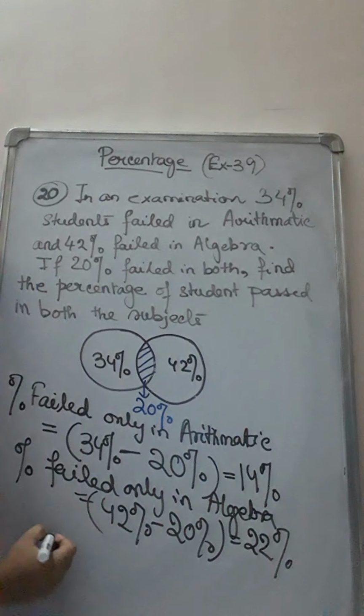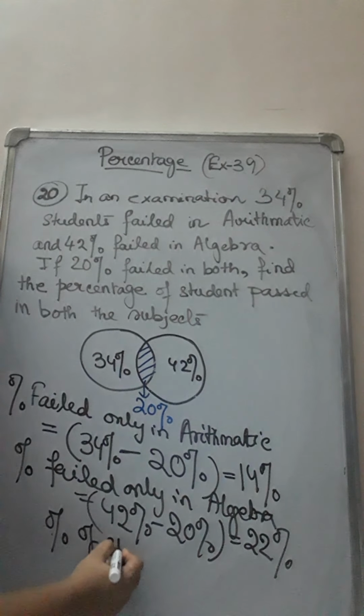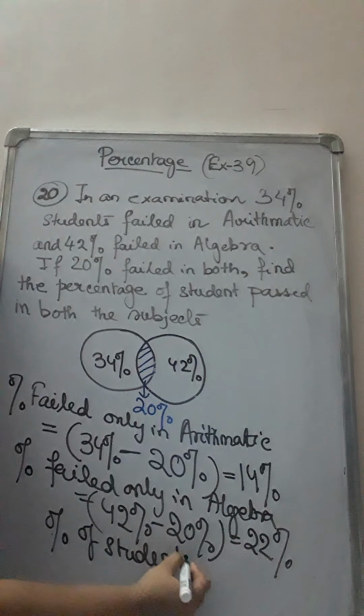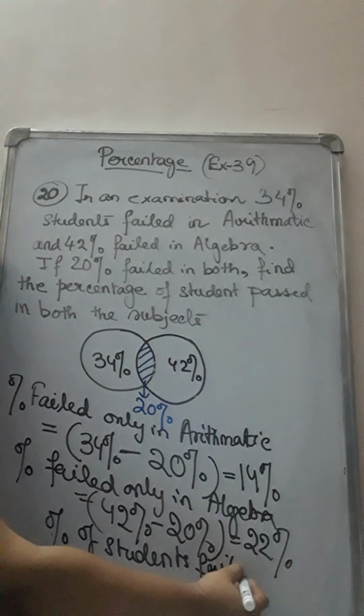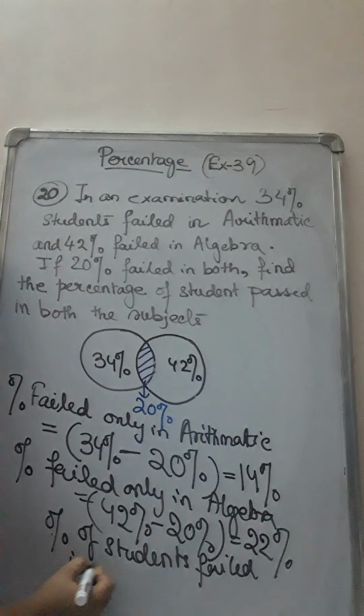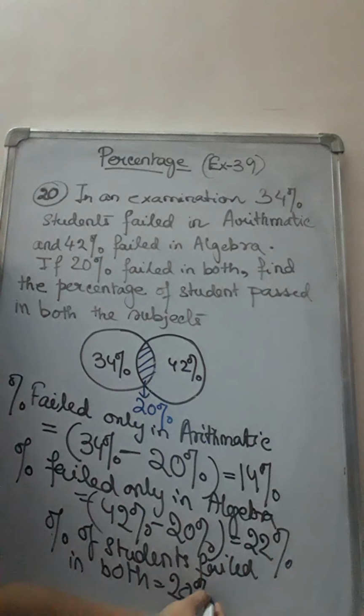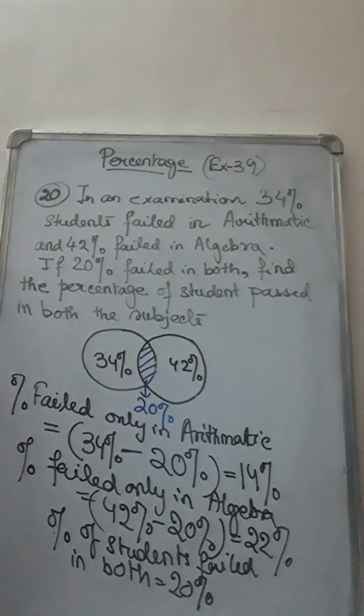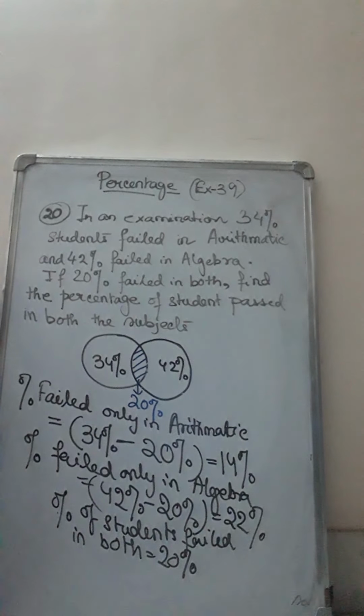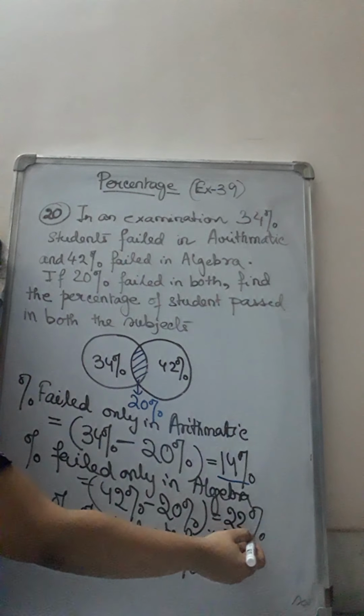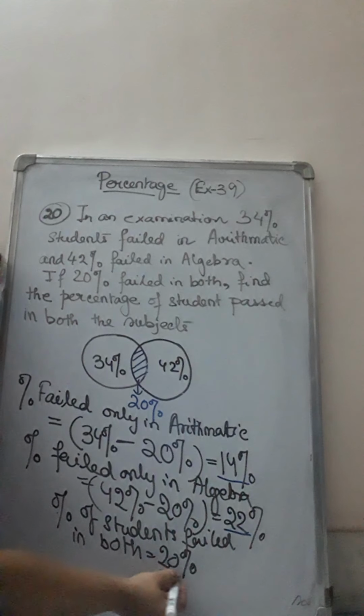And lastly, we know the percentage of students failed in both, that is 20%. So now, if failed only in arithmetic is 14%, failed only in algebra is 22%, and failed in both is 20%.